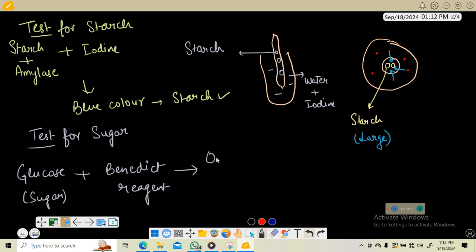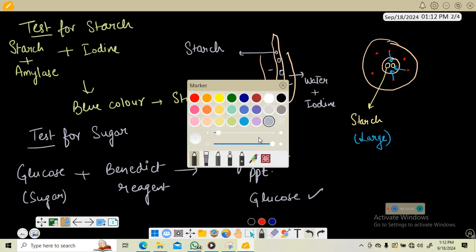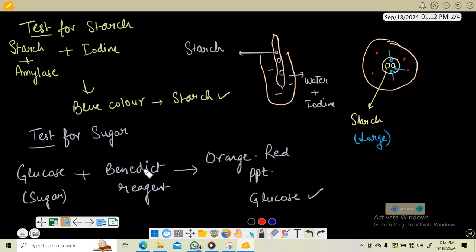The result will be an orange-red precipitate, which means glucose is present. If there is no formation of precipitate, that means sugar is absent. So these are the tests for starch and sugar molecules.